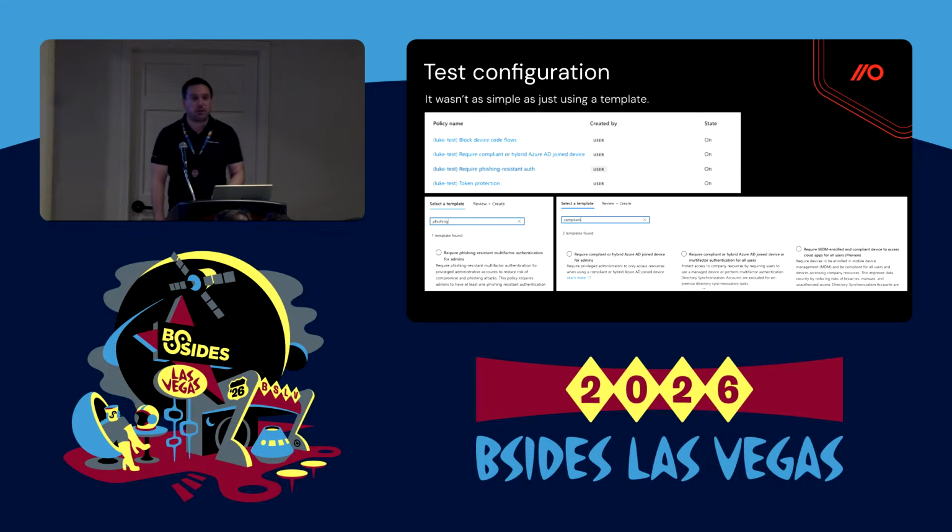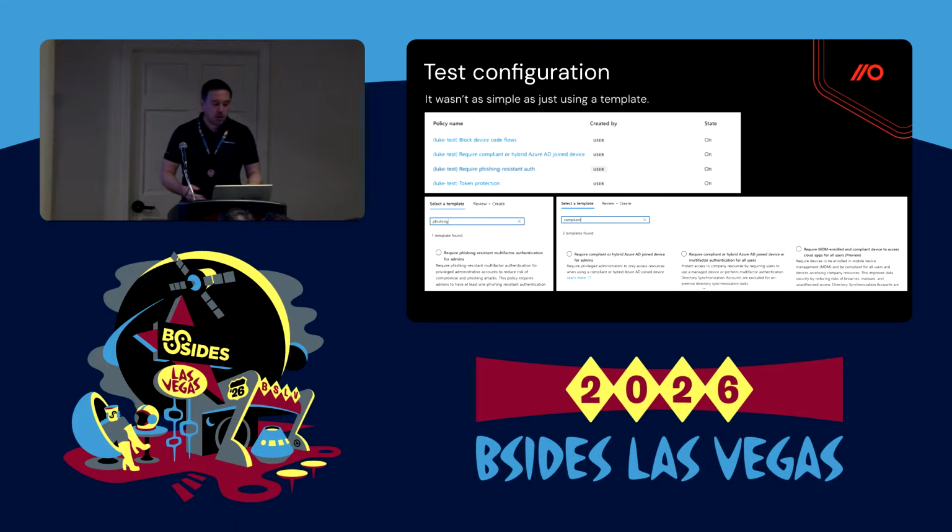Now, the interesting thing here is that if you don't change those, they don't really help too much with this attack anyway, because if you look at the first one, it's by default only applied to admins, so you're obviously not going to protect most of your accounts if you aren't changing that. The other one, though, that applies to all users is an OR criteria. So it's saying that people have to either come from a compliant device or use MFA, which means that, again, that doesn't really protect against anything then, because you're kind of saying as long as one is satisfied, then it's okay.